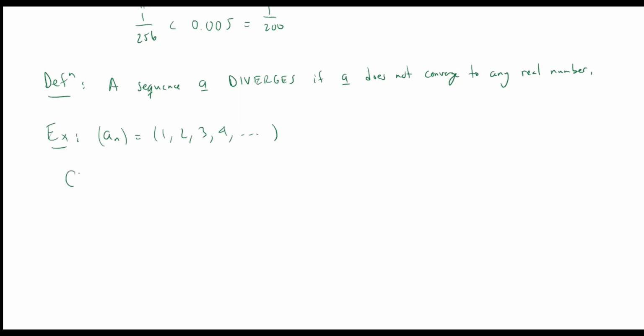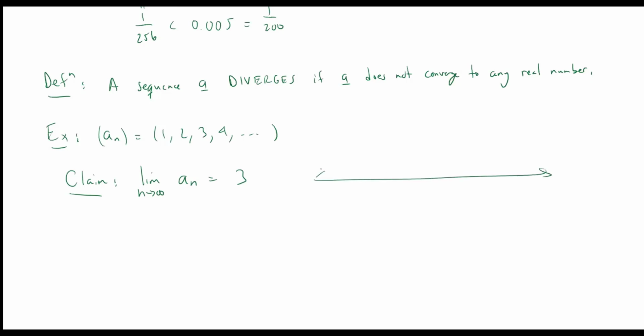Okay, so claim: the limit as n goes to infinity of a_n is equal to 3. All right? And 3 doesn't really matter here, right? Pick any number you want. Okay, is this true? Do you believe this? No? Well, why not?